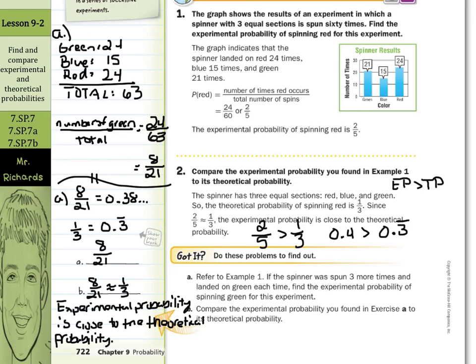Or if you wanted to even go more detailed, since 0.38 is a little bit bigger than 0.333, I would be okay with someone making the argument that the experimental probability is greater than the theoretical probability, even though it's just by a little bit. So either it's close, that's acceptable, or if you wanted to go in really fine detail and say, yes, the experimental probability is greater than the theoretical probability, you could do that as well.